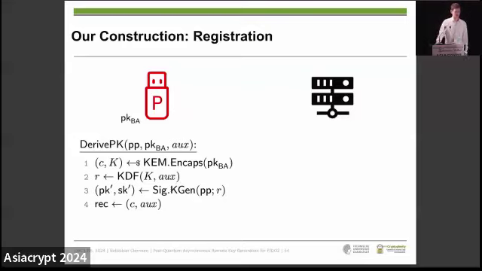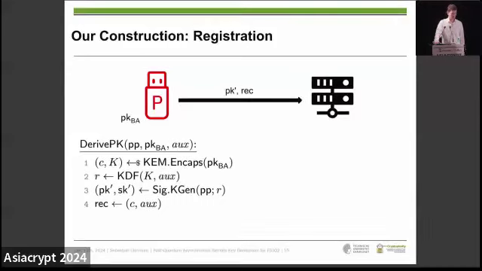The derived secret key is then discarded, and the recovery information is composed of the CAM ciphertext as well as some auxiliary information, which is not relevant to the security. And it then sends the derived public key as well as the recovery information to the relying party.